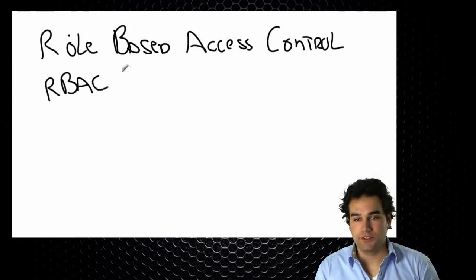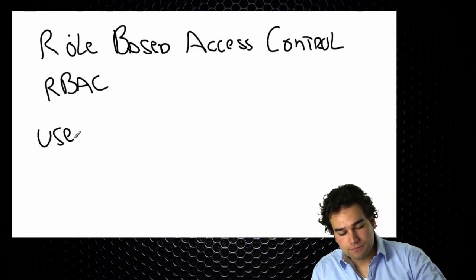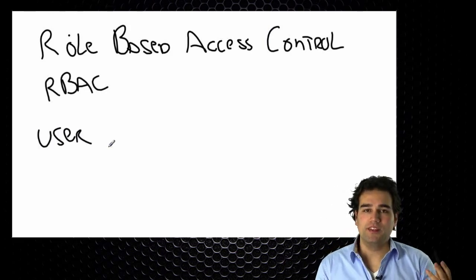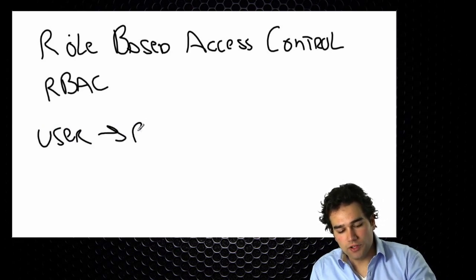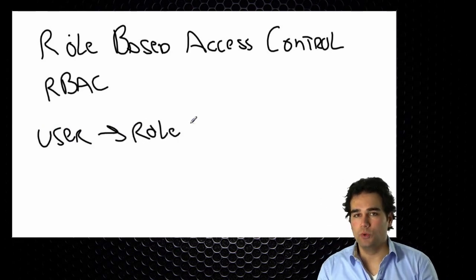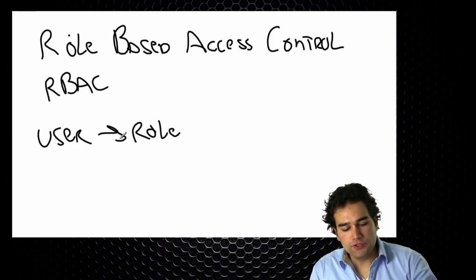What this means is that I have a user and I put this user into a certain group, and that group is called a role, or a job role. So I put a user into a role.